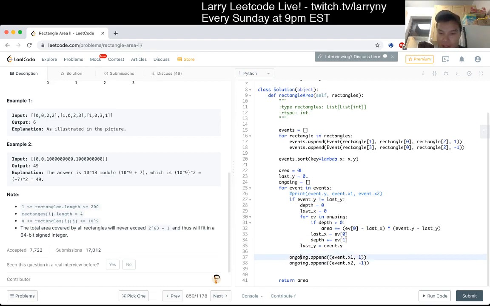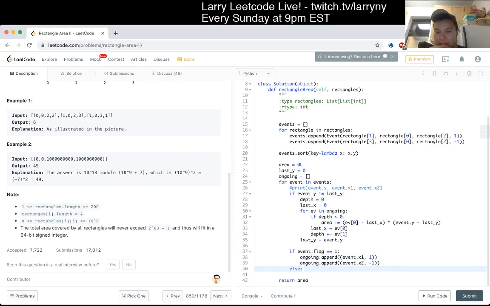Otherwise, you add an event. Okay, if event dot flag is equal to 1, you add these. Otherwise, you actually have to remove stuff, like you just remove it with an index or something.